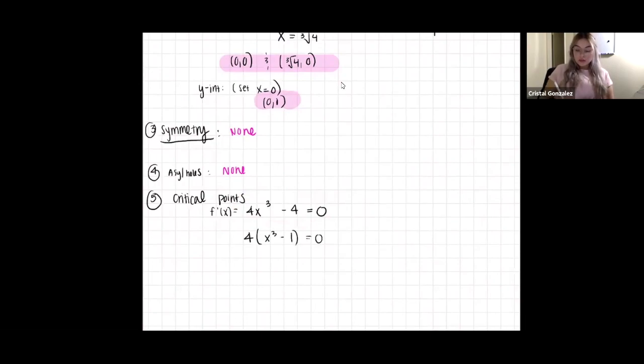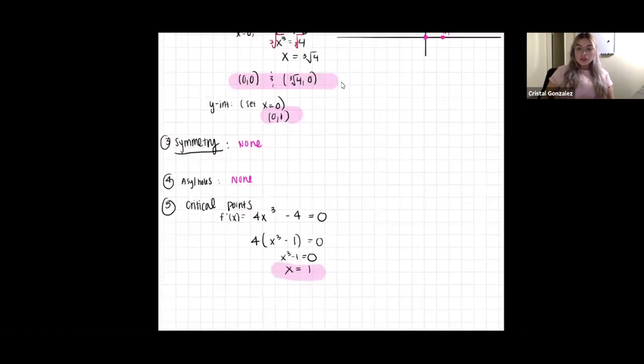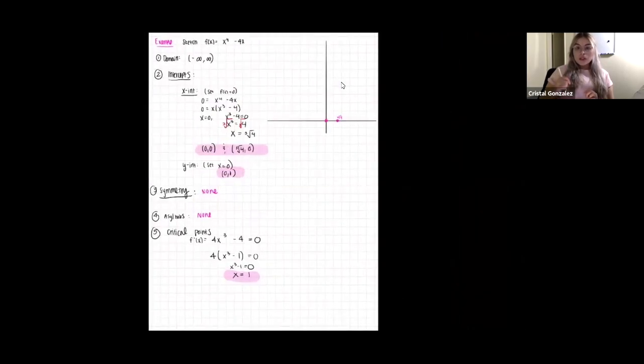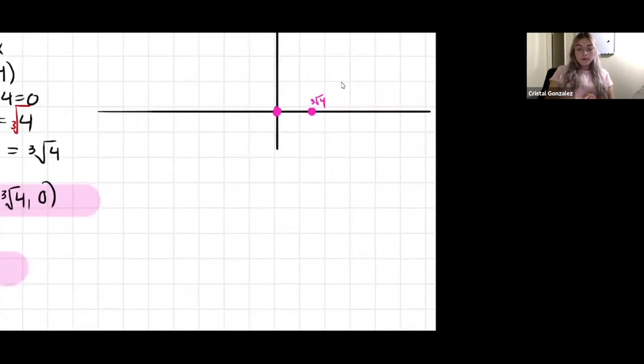So our critical number here is just x equals 1. This tells us that at 1, we either have a minimum or a maximum, somewhere around this area.